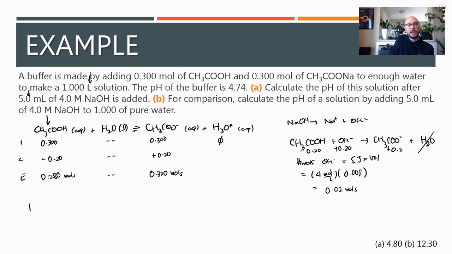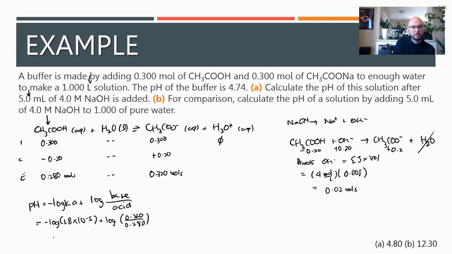Okay, so when we do that, we can figure out the pH, because that's equal to negative log of Ka plus log of base over acid. So we get negative log of 1.8 times 10 to the negative 5 plus log of our base, which is now 0.320 molarity. Our acid is 0.280 molarity.